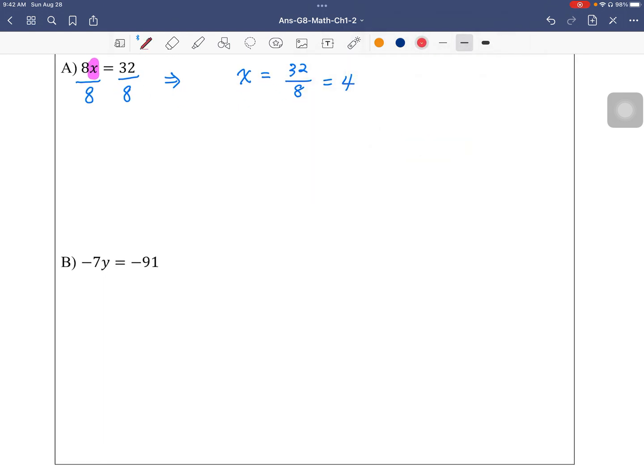I divide both sides by negative 7, and y equals negative 91 divided by negative 7, which is 91 divided by 7. That is 13. So y equals 13.